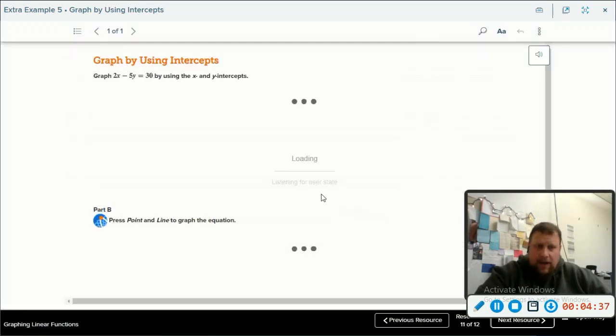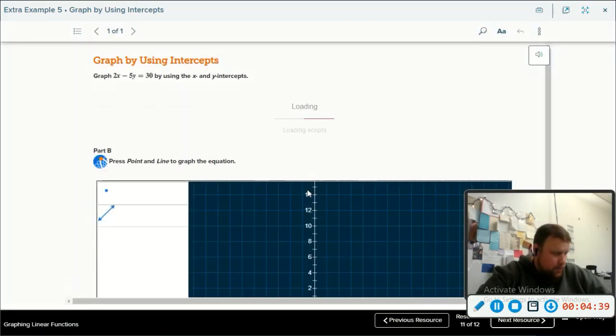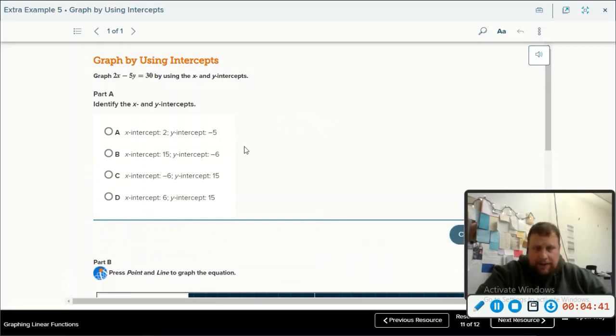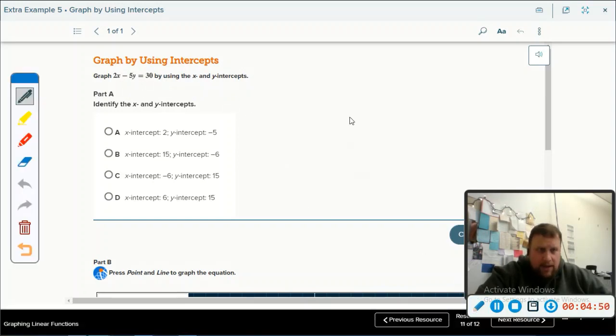Now we got to find out, how do we find our intercepts? Well, there's a very nice, easy way to do it. If I look right here, graph using intercepts, identify the x and y intercepts. So first thing I'm going to do is take that 2x minus 5y equals 30. And to solve for the intercepts, well, again, for an x-intercept, what do I know? I know that y equals 0, right?